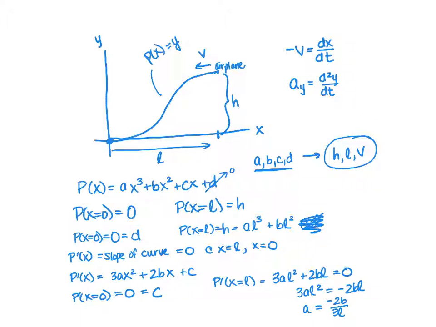And so I can take this and put it up here for a, and then I could figure out what b is. And so I'm going to do that in the next slide.